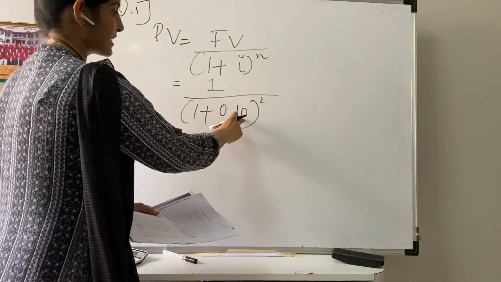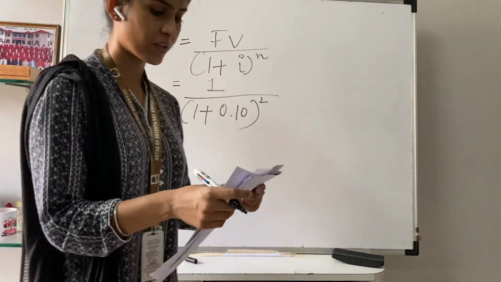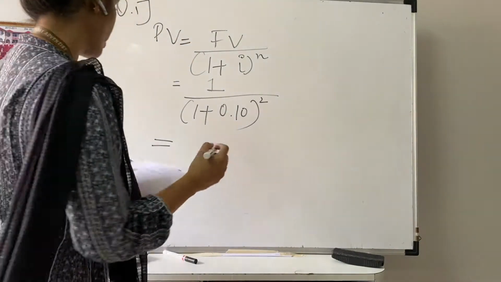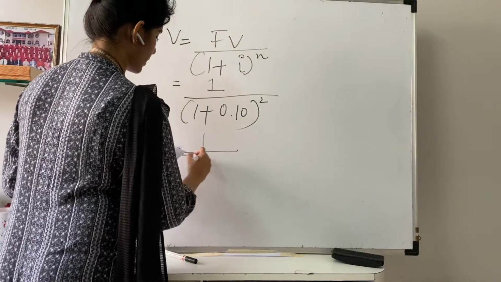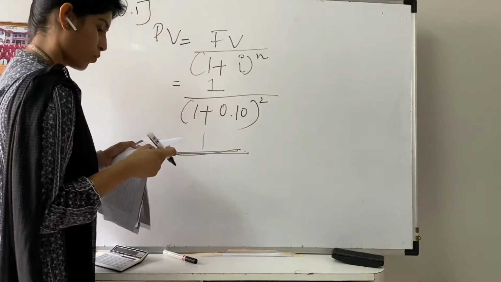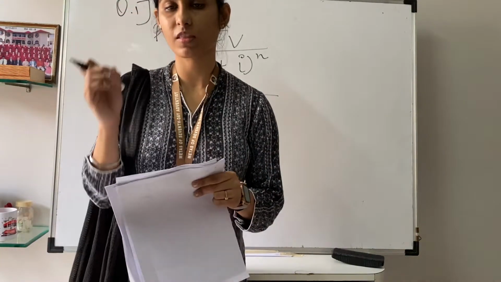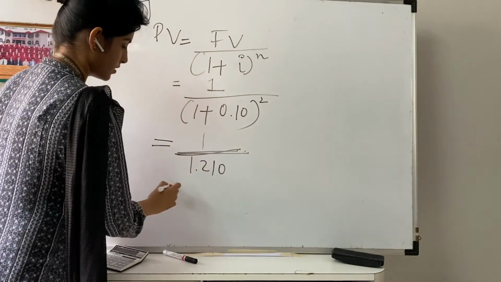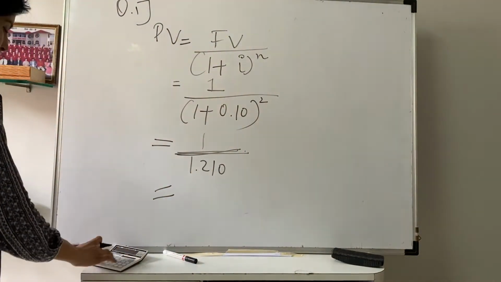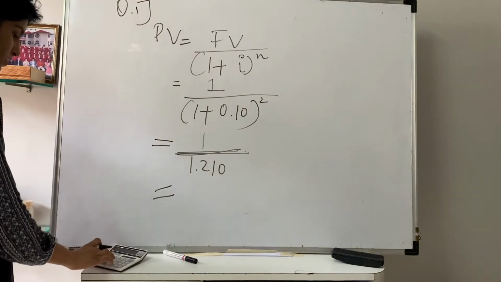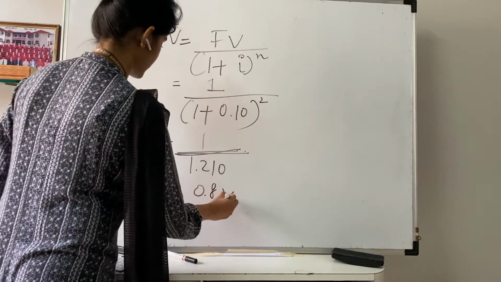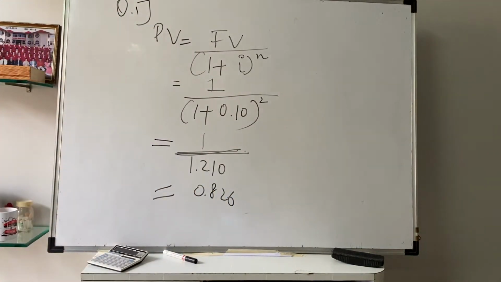In that part, check 10% for 2 years. 1.210. So give the answer. 1 divided by 1.210, you will get the answer as 0.826. 0.826 is your answer.